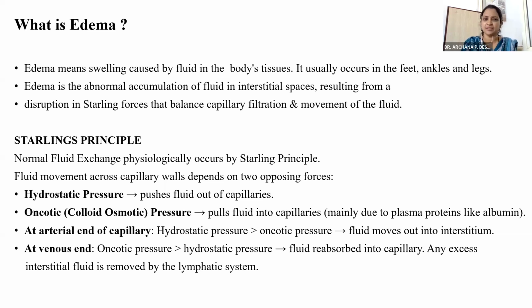Starling's principle is related with the hydrostatic pressure and oncotic pressure. In our body, the hydrostatic pressure pushes the fluid out of the capillaries, and the oncotic pressure pulls the fluid into the capillaries. These two forces maintain the normal fluid exchange, fluid shift, and if it is disturbed, we generally call that a disruption in the Starling principle.